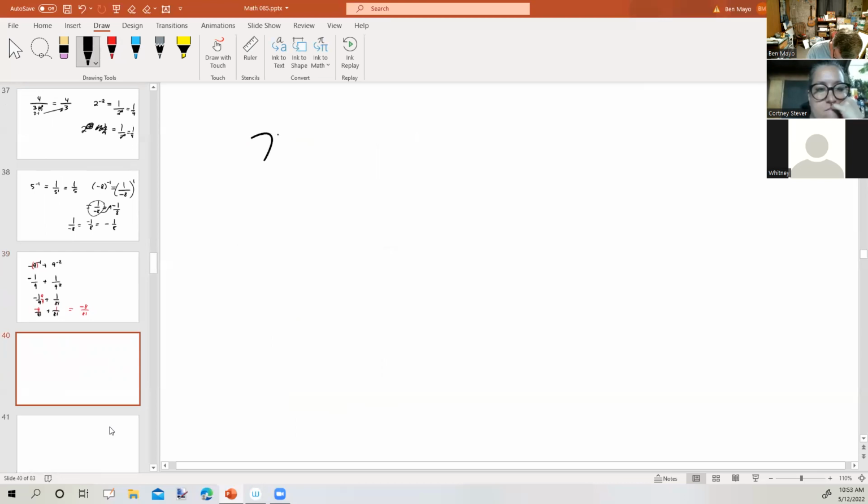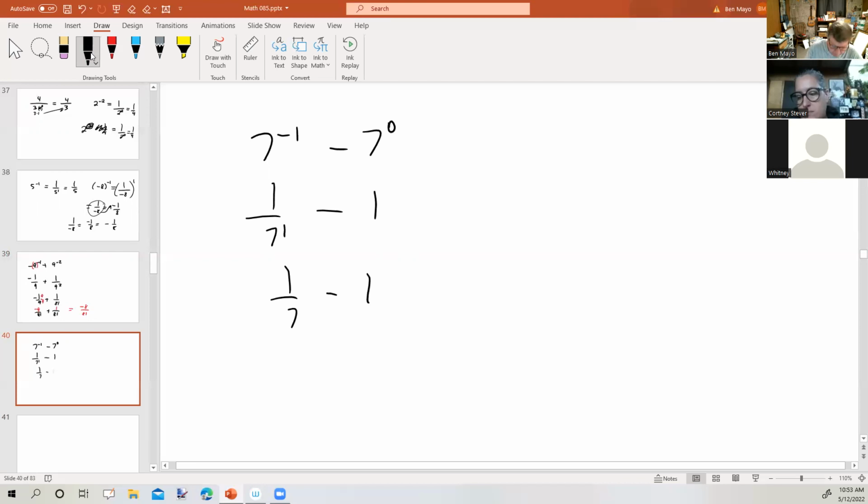How about this one? 7 to the negative 1 power plus, oh wait, minus, my bad. Minus 7 to the 0 power. Well, this would be 1 over 7 to the 1 power, or 1 over 7, minus 1, which is 1/7 minus 7/7, which is negative 6/7.